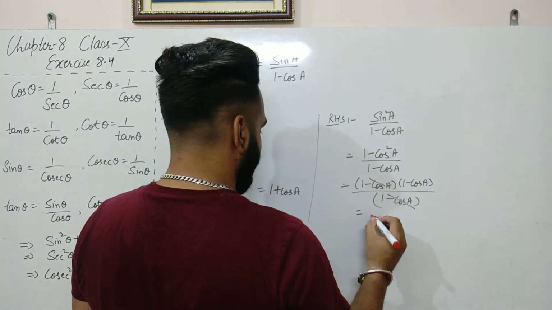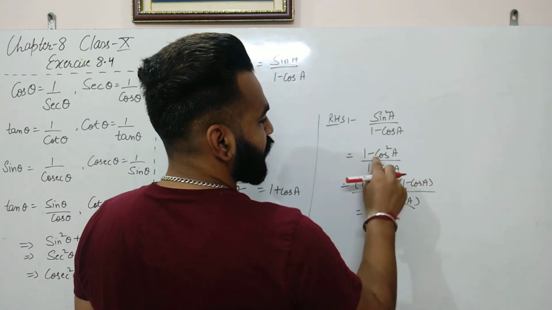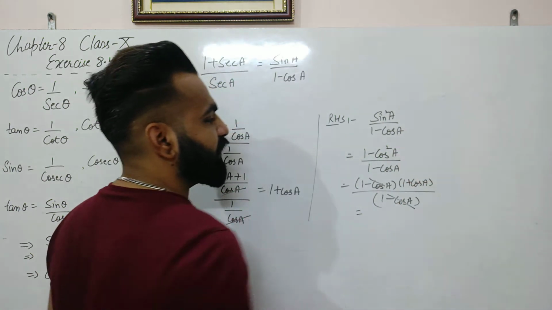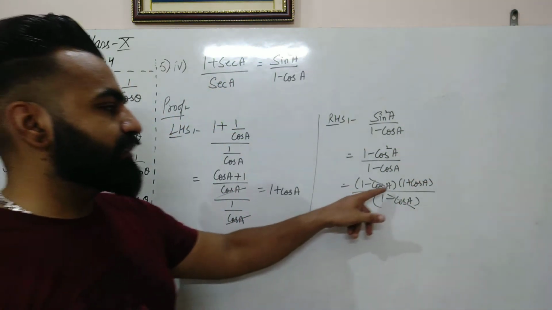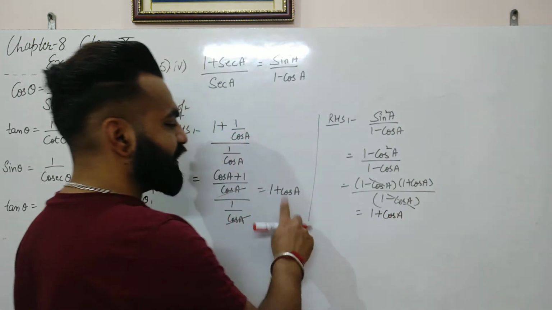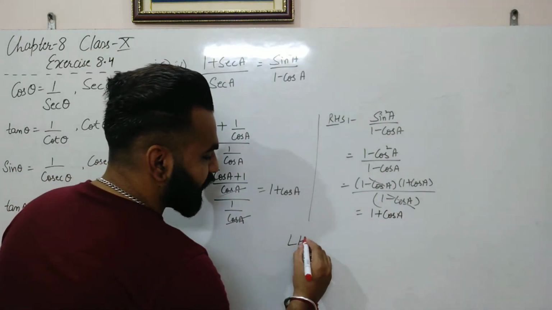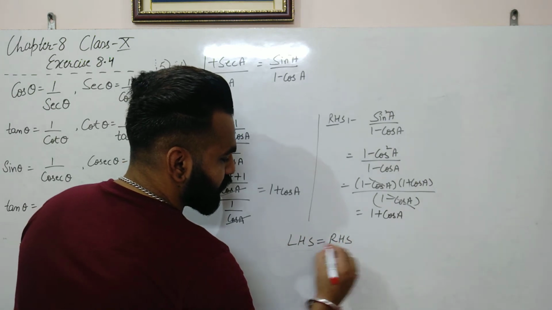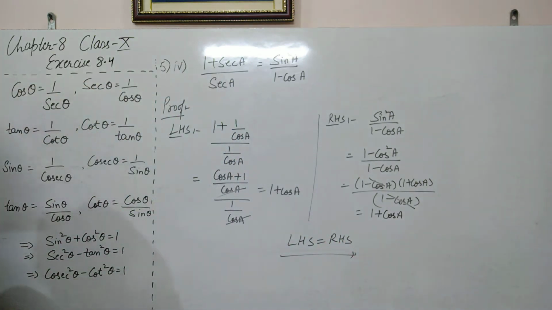This will cancel out. Sorry, a square minus b square, so one factor will be plus a minus b into a plus b, so this will be 1 plus cos a. Now we can see that LHS and RHS part are equal. So this is the proof of fourth part.